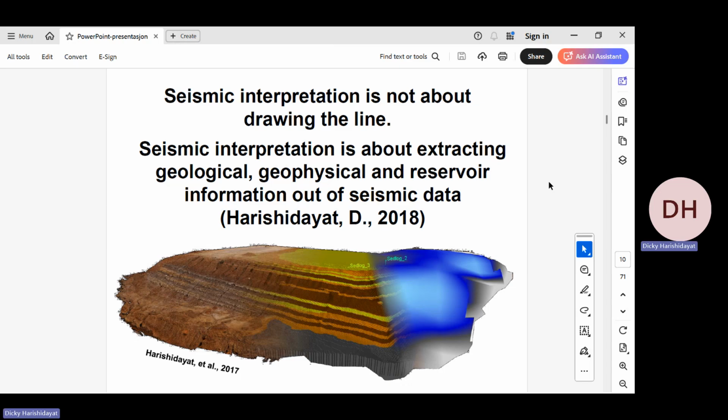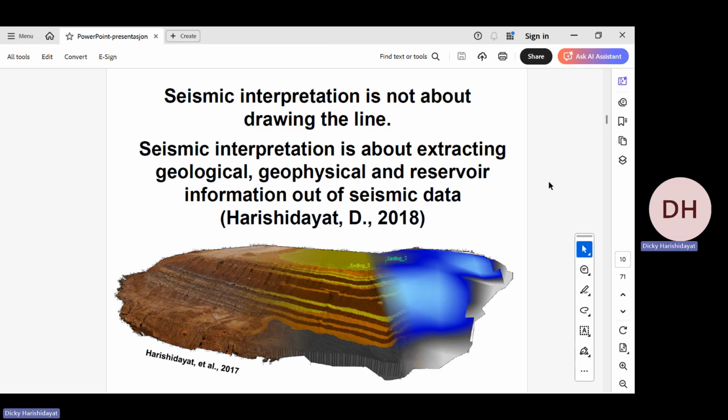The seismic reflection data is measuring two-way travel time. It's measuring density and velocity of the rocks, and everything is about the rocks.